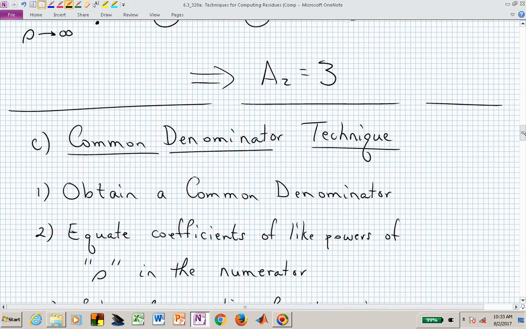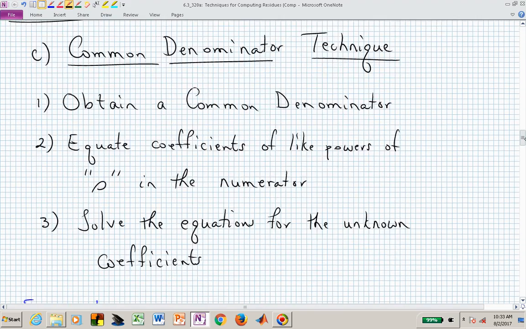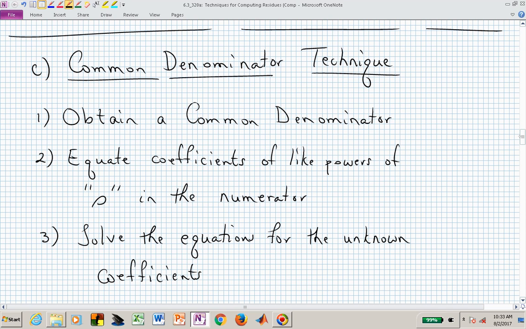Let's now look at a common denominator technique for finding these residues, and it too is a three-step process. First, we obtain a common denominator on all the terms. Then, since we found a common denominator and the denominators are equal, we can essentially forget about the denominator and worry about the numerator.